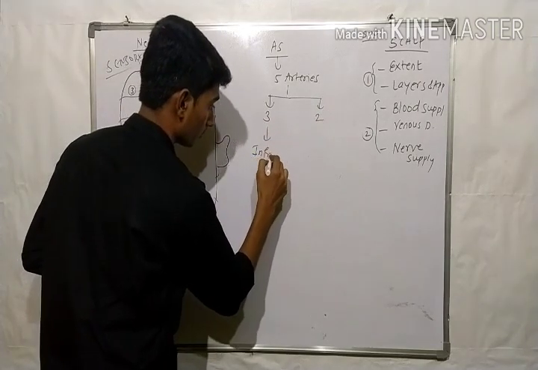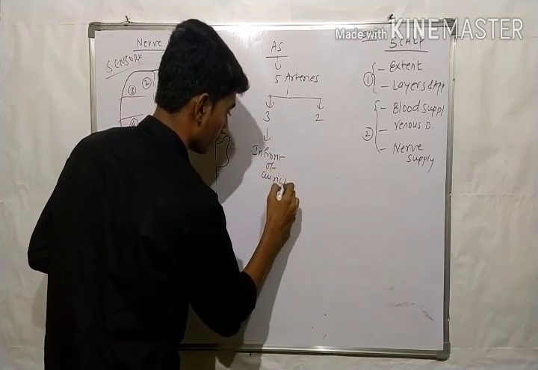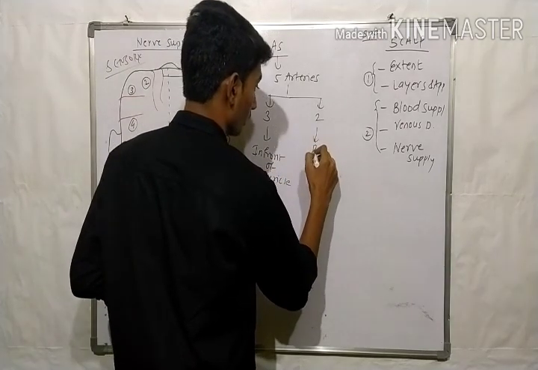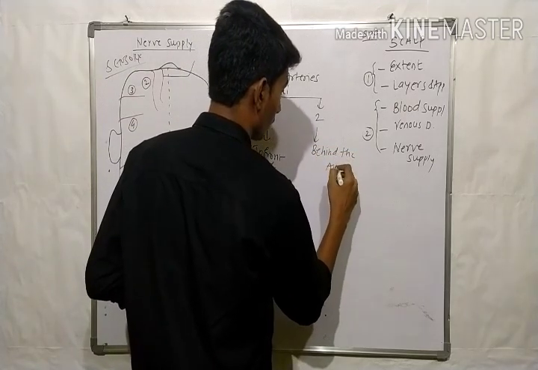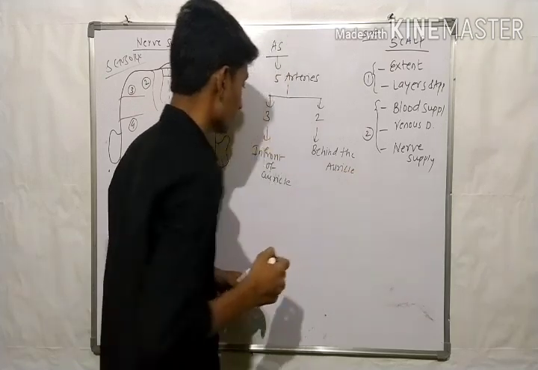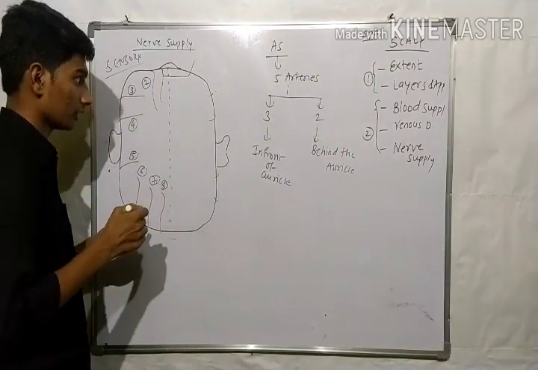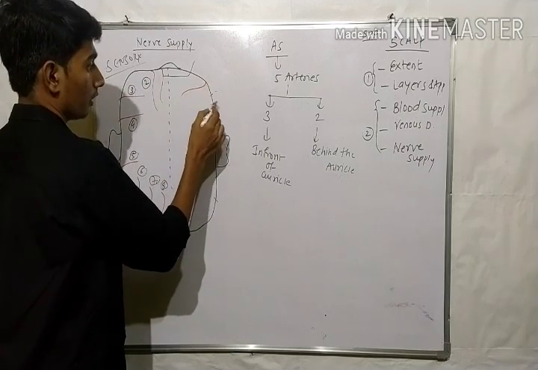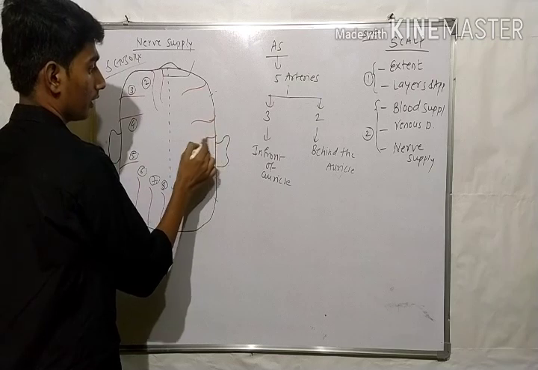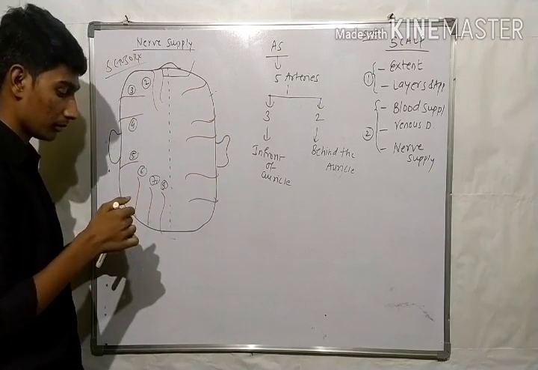3 are present in front of the auricle, and 2 are present behind the auricle. Which are they? 3 are present in front, 1, 2 and 3, and 4 and 5 are behind the auricle.